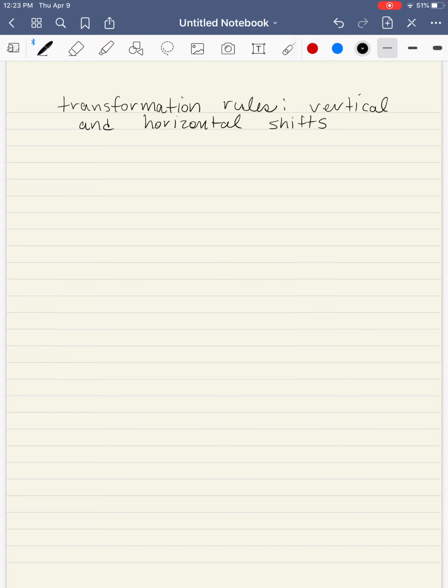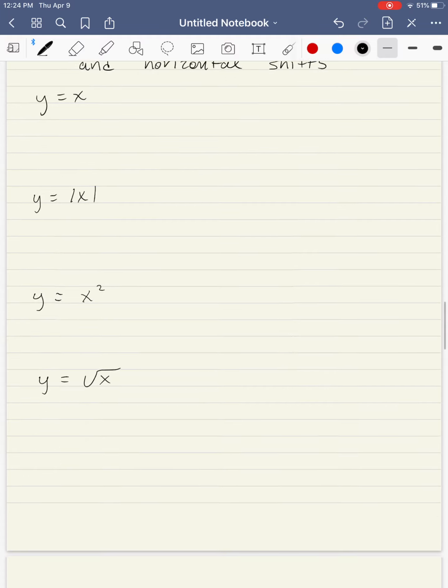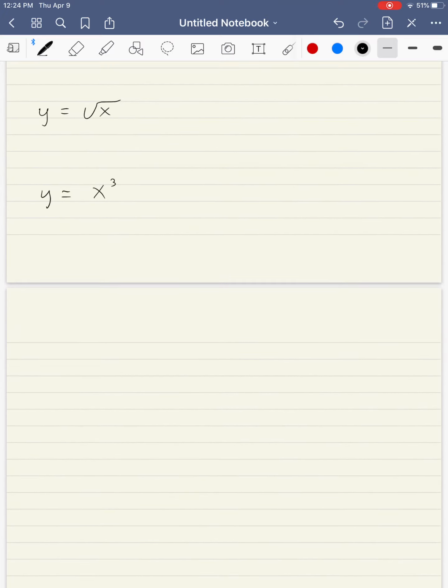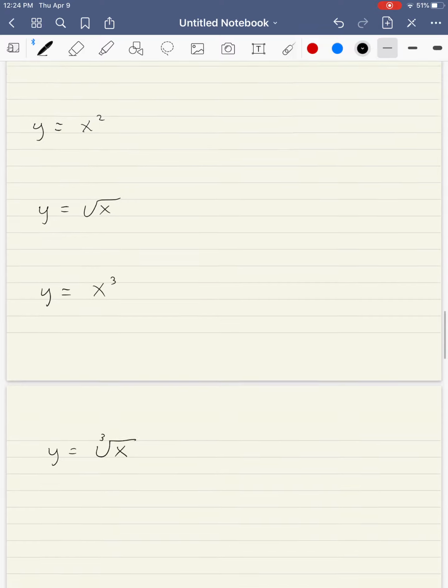So the first thing I want you to do is see if you can recreate from memory or by looking back in your notes the basic graphs. Y equals x, y equals the absolute value of x, y equals x squared, y equals the square root of x, y equals x cubed, and y equals the cube root of x.